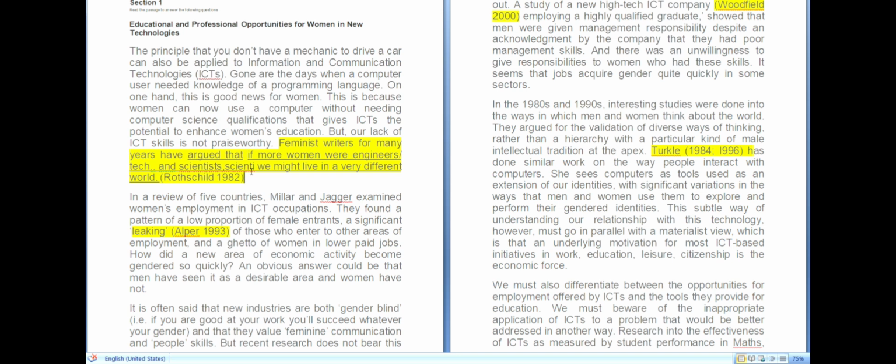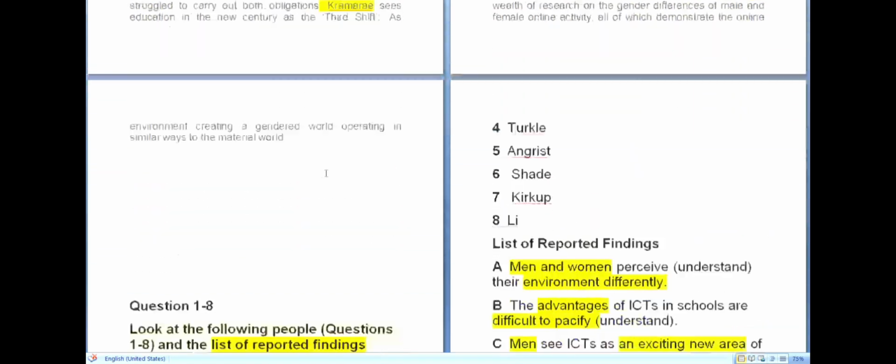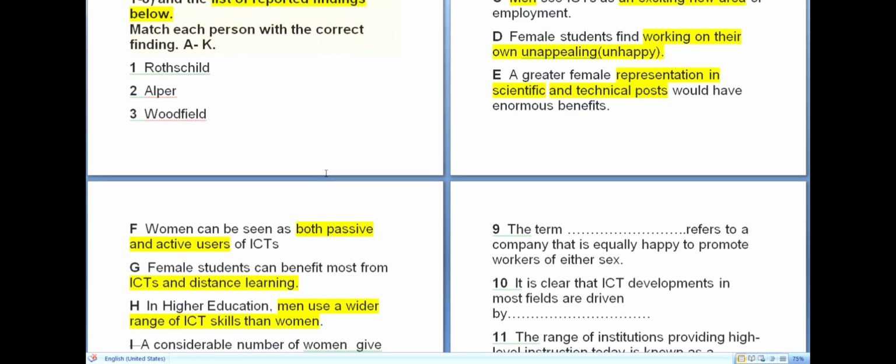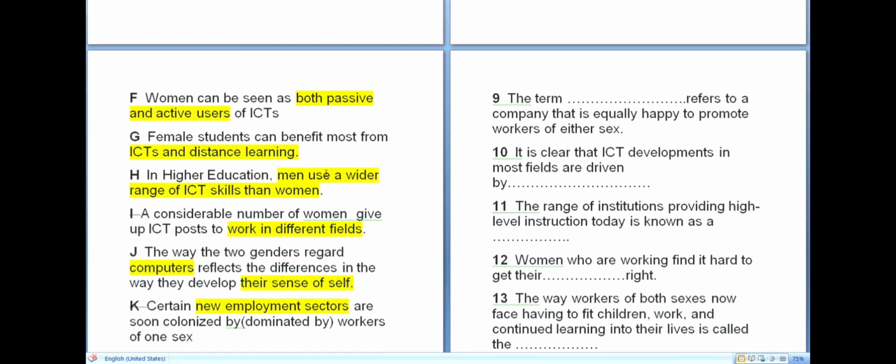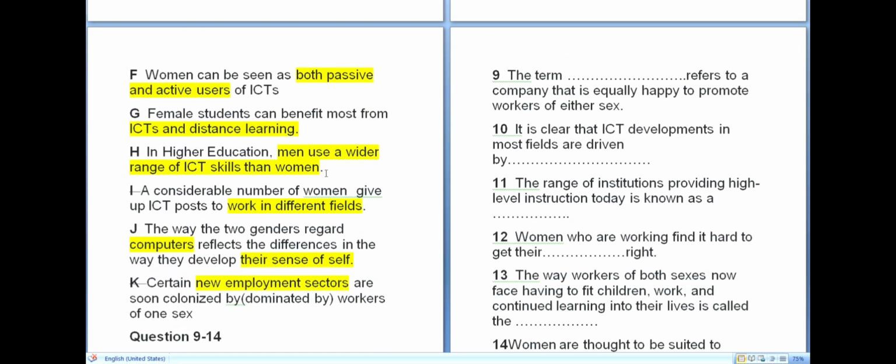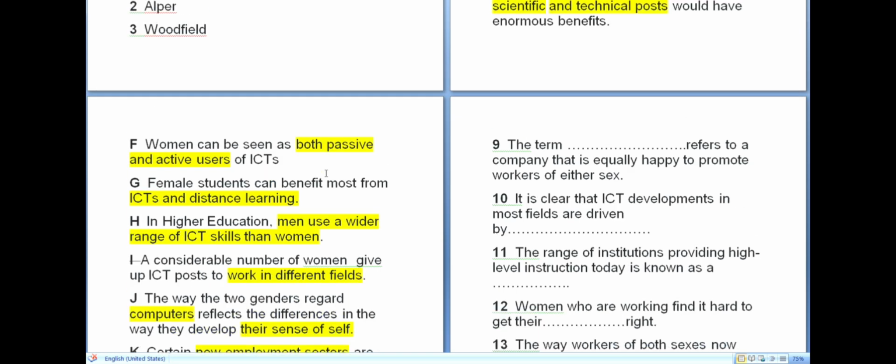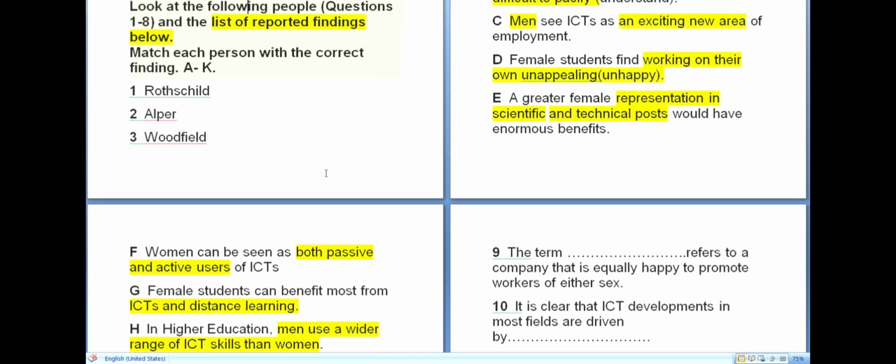More women is speaking about the large number of women. Yes, we got our option, and there we go. It is option number E, which is scientific and technical post. Paragraph A with option number E.